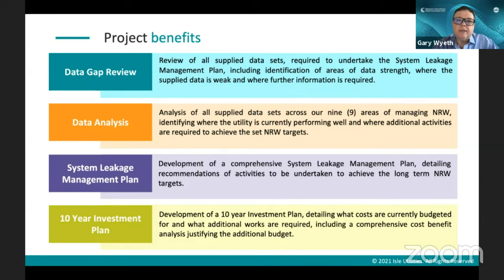So there's a lot of data that each utility has, and the first step for a consultant developing an SLMP is to review all of that data, see how useful it is, and whether there are any areas that may need additional data or information.